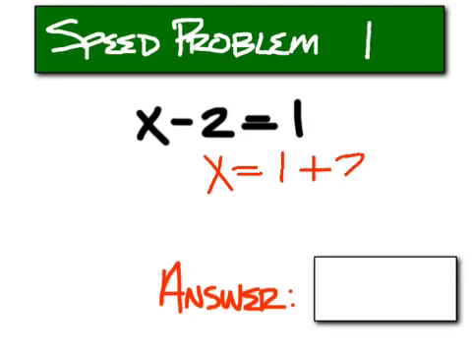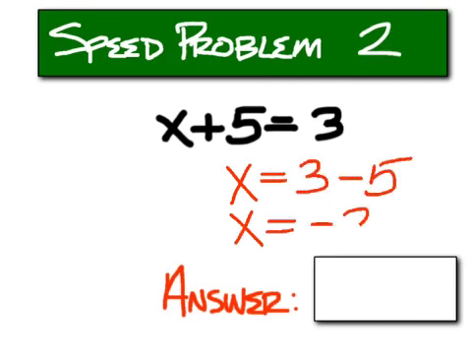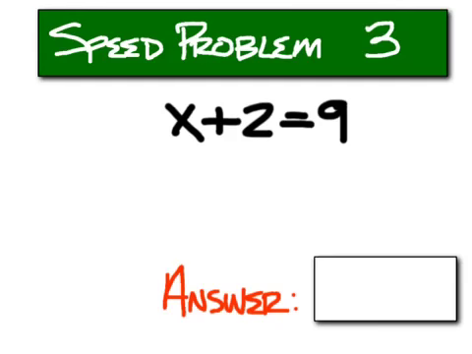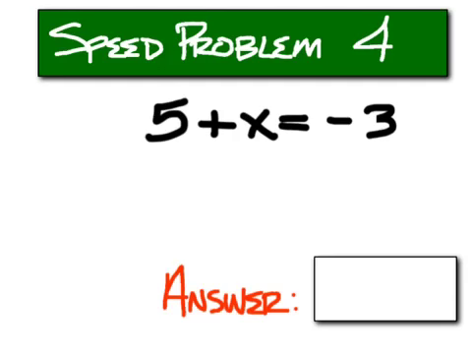Answer should be 1 plus 2, which is 3. Answer on this one should be 3 minus 5, which is a negative 2. Answer should be 9 minus 2, which is 7.